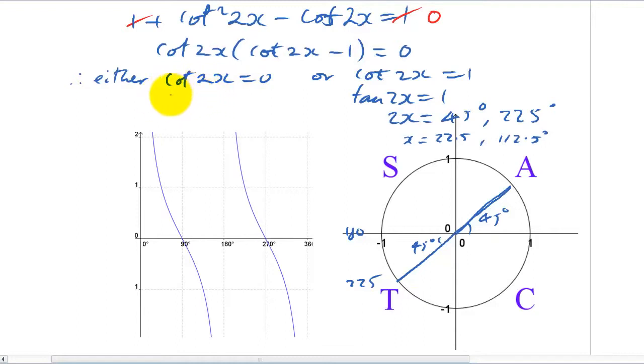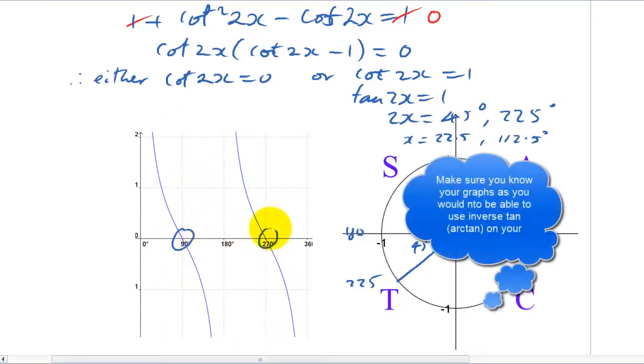A common mistake on this one is to think, well, okay, I've got tan 2x equals undefined, and then think, oh, it's undefined, I can't work it out. Let's look where cot 2x does equal 0. Here's my graph of cot 2x. Remember, cot is just 1 over tan. So wherever tan is undefined, cot equals 0, which is here and here.